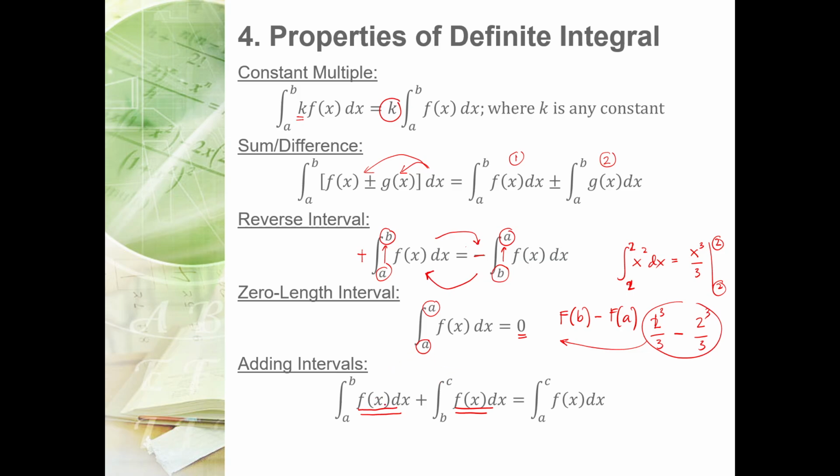Since the functions are the same and they have a common limit of integration, let's say the upper limit on the first term is the same as the lower limit on the second term, and again, since both functions are the same, you can combine them into one interval. So f of x dx, from a, notice, from a to c. Okay, from a to c.